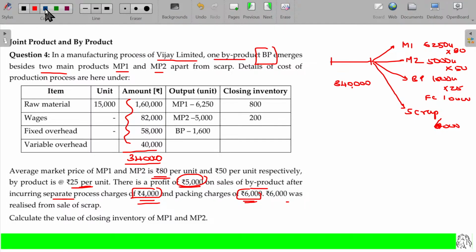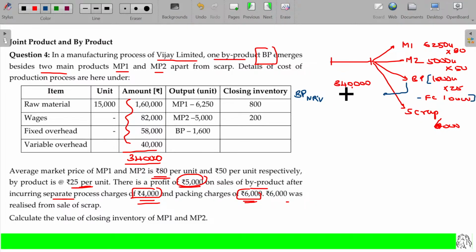Now, you subtract the amount recovered by selling the byproduct NRV. How much is that? 16 into 25, 40,000. From there, further process cost is subtracted. Come on, get me the value.